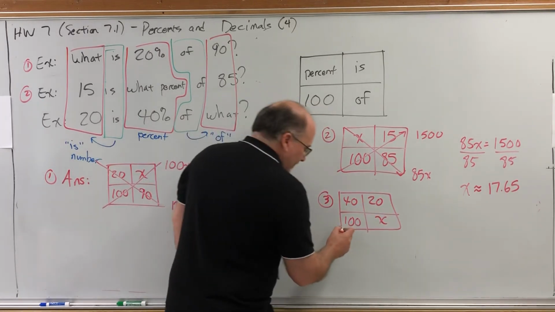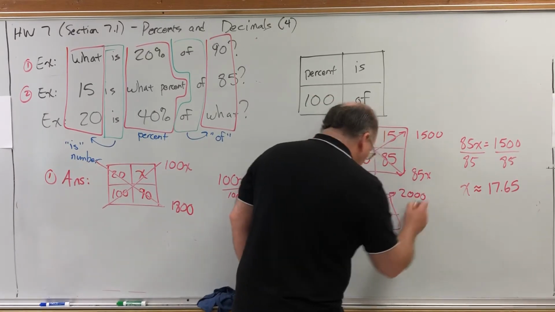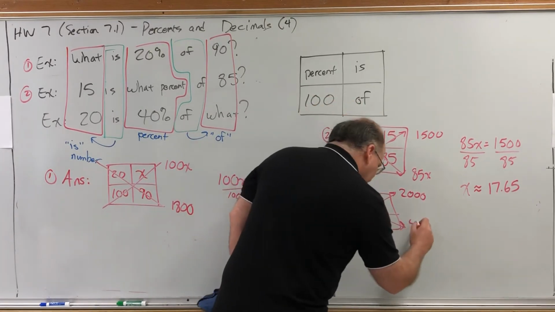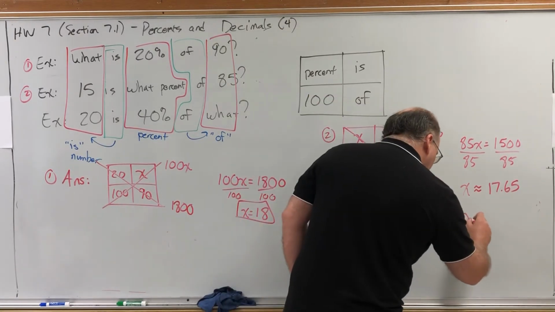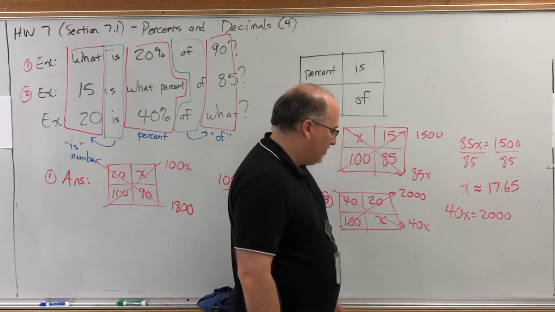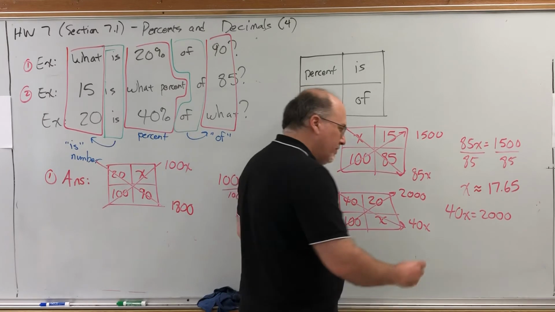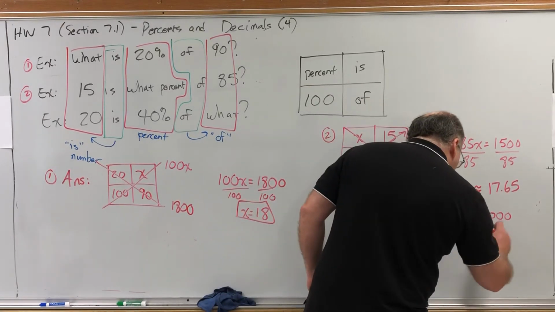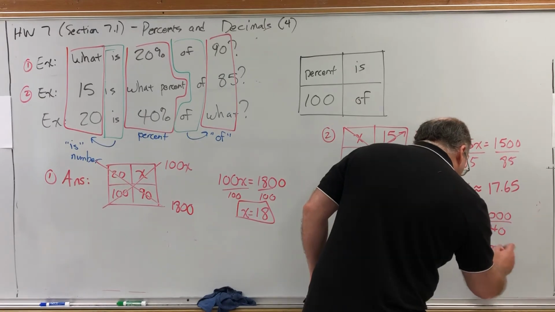We cross multiply. 100 times 20 is 2,000. 40 times x is 40x. Put those equal. And honestly, you can put them equal the minute you write them down. Just put them over there and stick an equal sign between them. Divide by 40. And you get x is equal to 50.